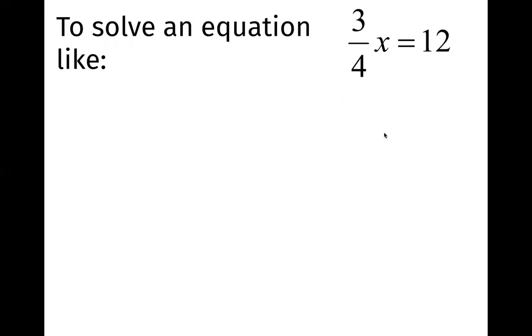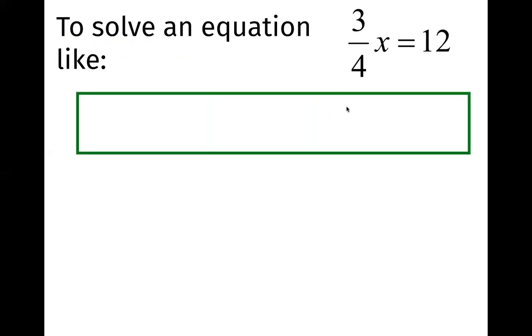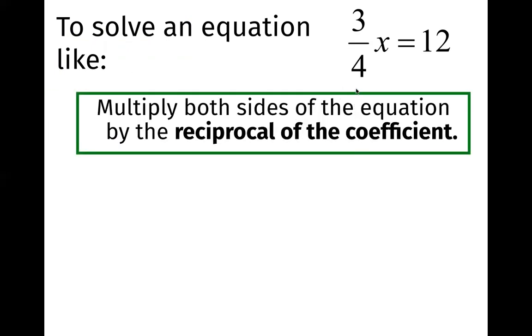Okay, let's go ahead and look at something different. So to solve an equation like 3/4 x equals 12, you're going to multiply both sides of the equation by the reciprocal of the coefficient. Once again, the coefficient is the number in front of the variable. So to cancel the 3/4 that is preventing x from being by itself, just multiply by the reciprocal, which is just the fraction switched around.